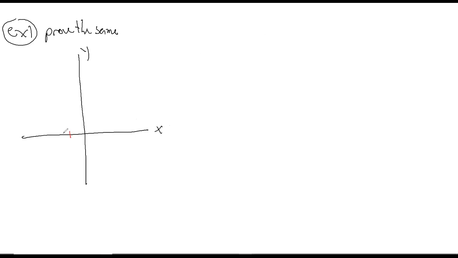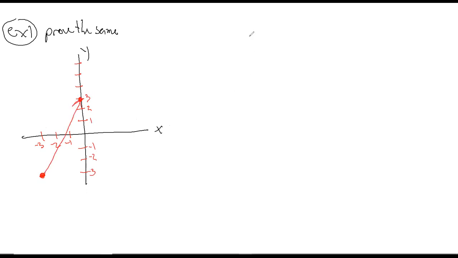So that was left 1, 2, 3, down 1, 2, 3. There was our initial point. 1, 2, 3, 4, 5, 6. There's our terminal point. And there's our vector.